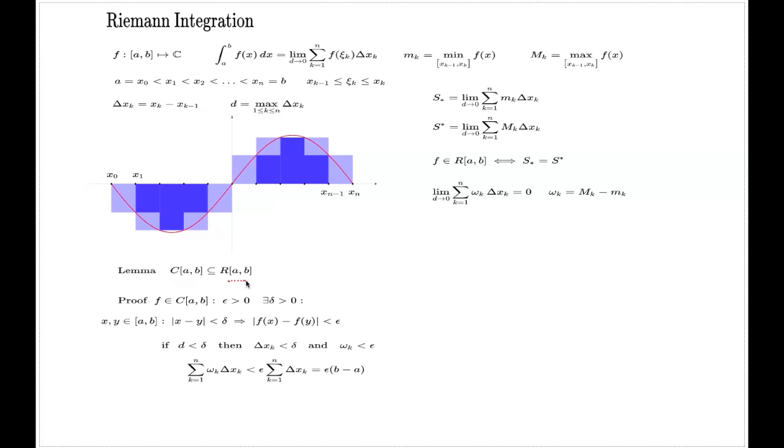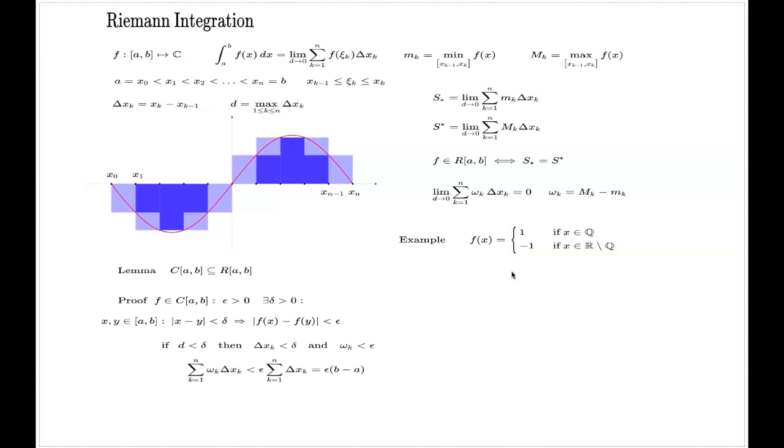Now, I'll give you one example of a function which is not Riemann integrable. Example: the function defined like this. It takes value 1 when x is a rational number, and value 0 when x is an irrational number.